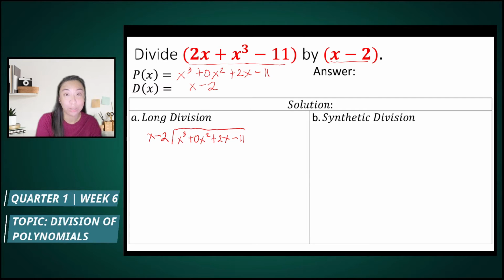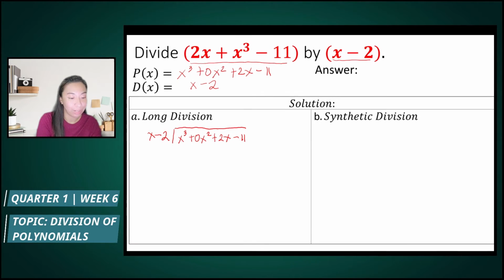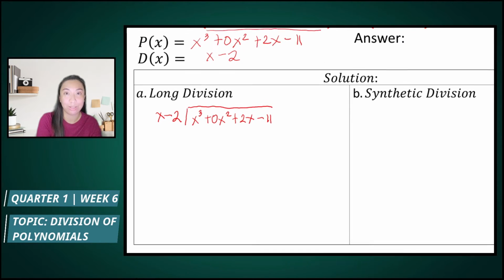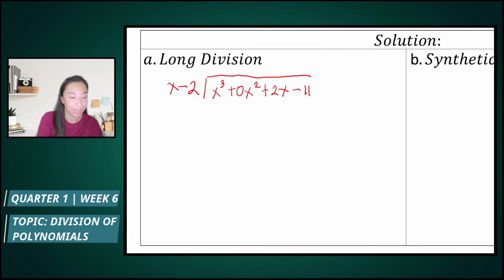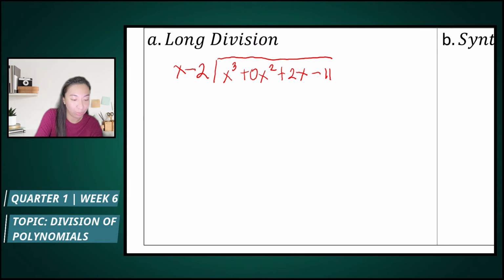Following the steps that we have discussed earlier, first we have to divide the leading term of the dividend by the leading term of the divisor. So we have x cubed divided by x. The rule is you have to subtract the exponent, so 3 minus 1 is 2, so we have x squared. Once we have the quotient, we are going to multiply it to the divisor.